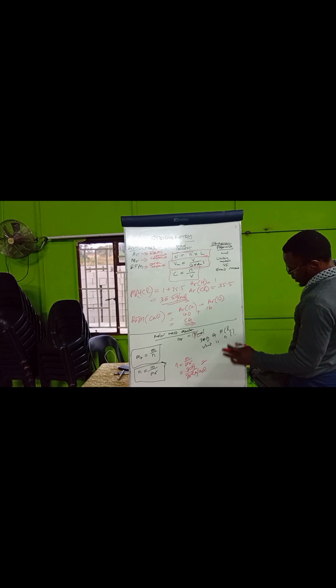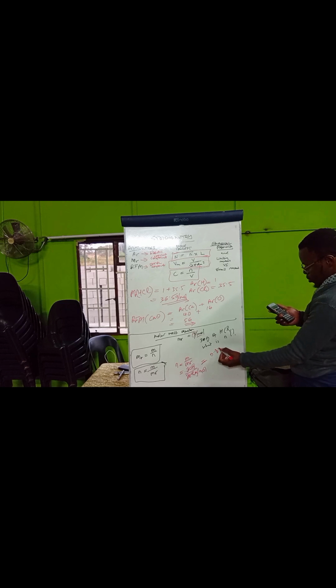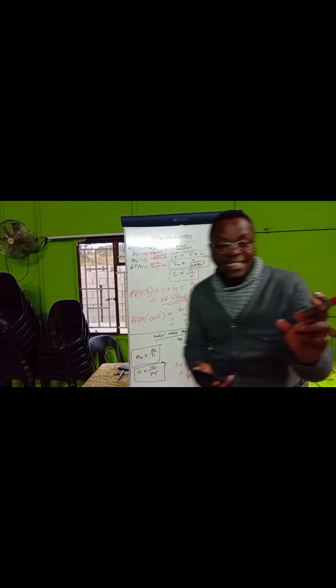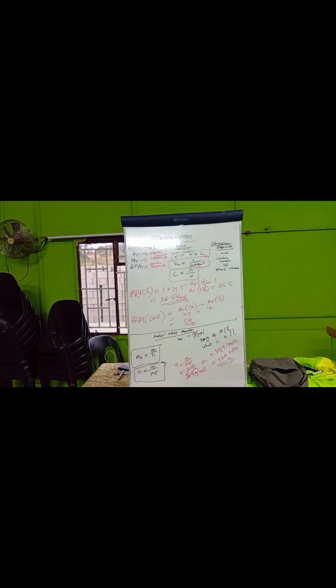Let's do it on a calculator because it's not exact. 0.82191780. Then to 3 significant figures, it's 0.822 moles. So these are the moles of hydrogen chloride in 30 grams of hydrogen chloride or hydrochloric acid.